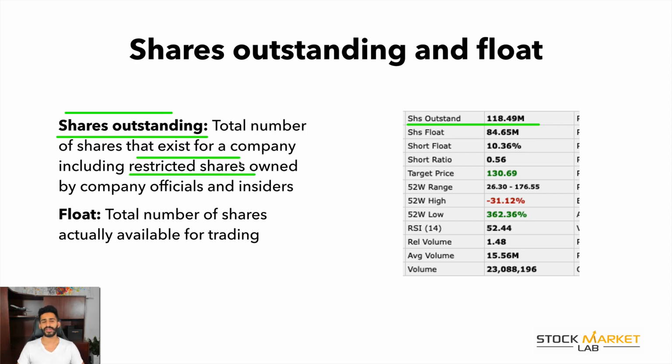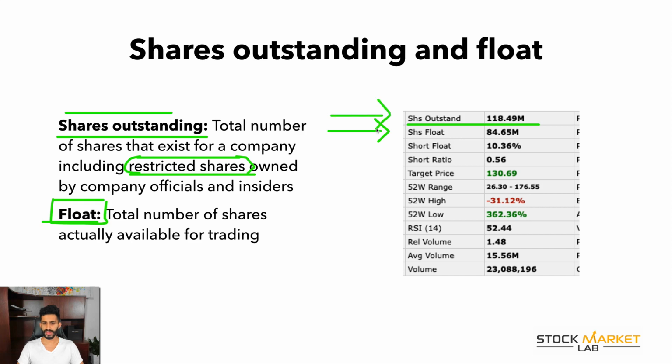Now, what is the float? The float is the total number of shares actually available for trading. Remember, if shares are restricted, those restricted shares are not allowed to be traded, which is why the float represents the total number of shares that we can actually trade.